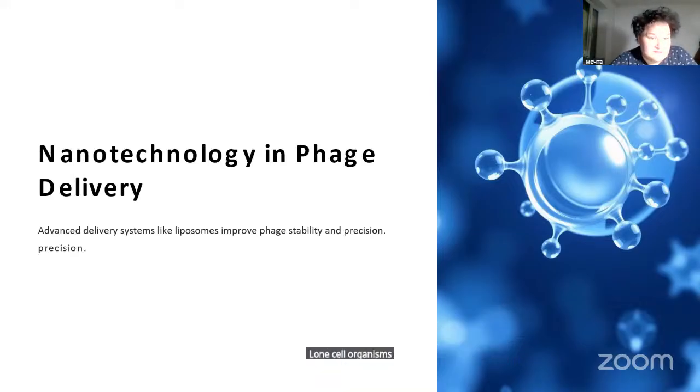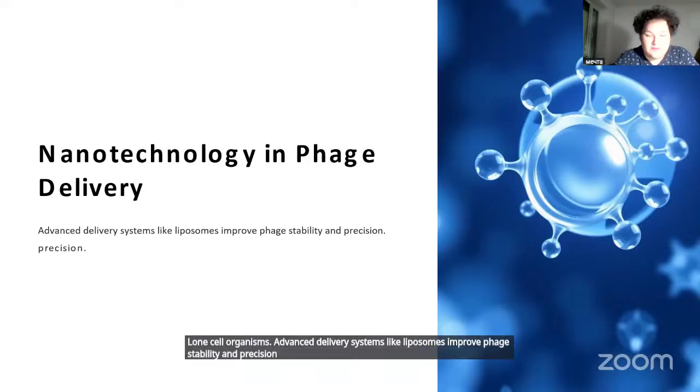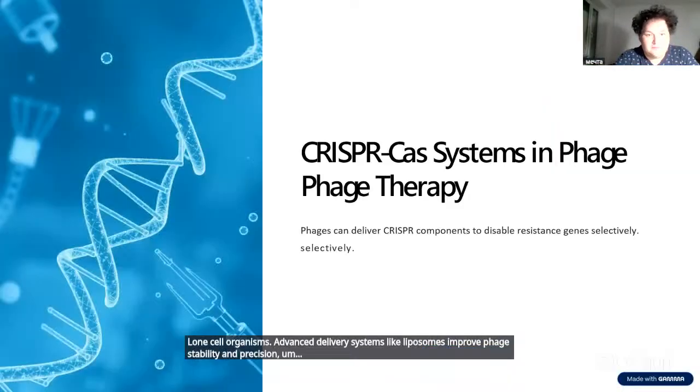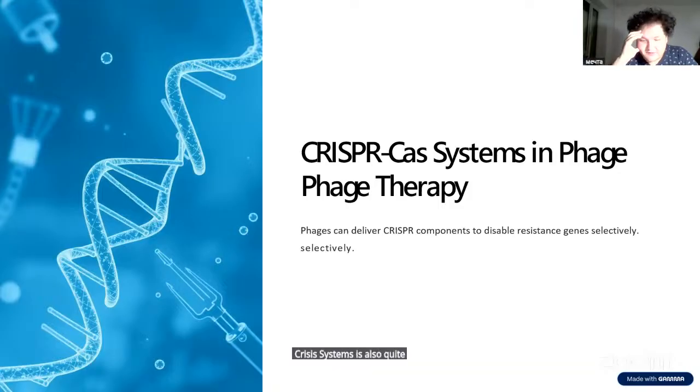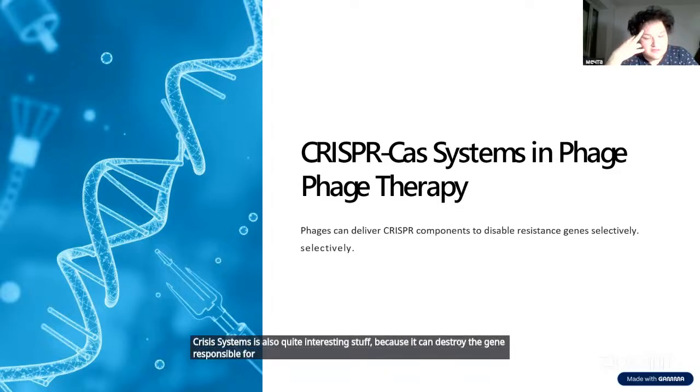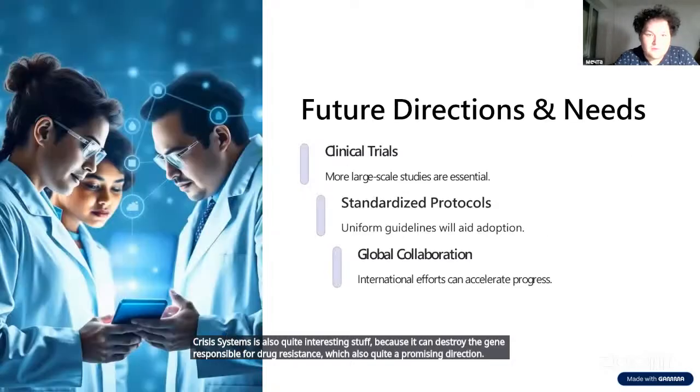Advanced delivery systems like liposomes improve phage stability and precision of treatment. CRISPR-Cas systems are also quite interesting because they can destroy the gene responsible for drug resistance, which is also a promising direction.